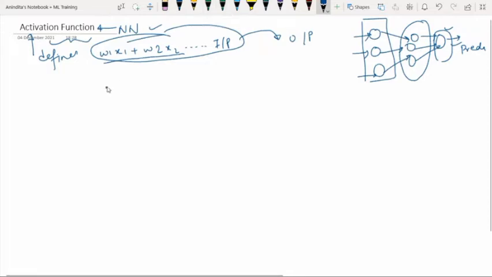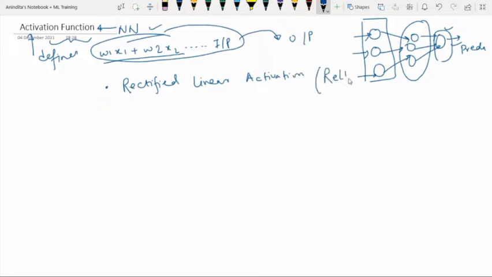The first one is known as rectified linear activation, which is also known as ReLU activation. The second kind of activation you may find is logistic, also known as sigmoid activation. And the third activation is known as hyperbolic tangent.